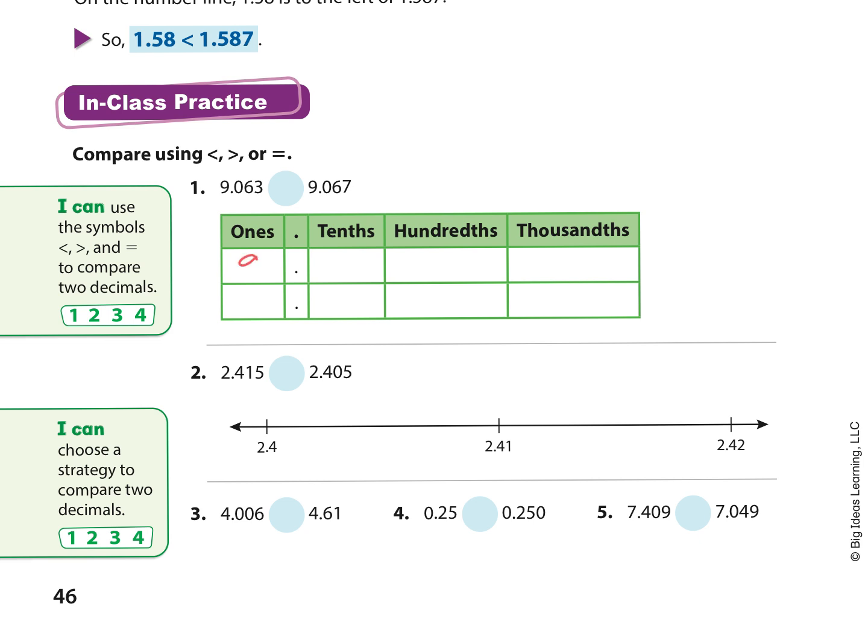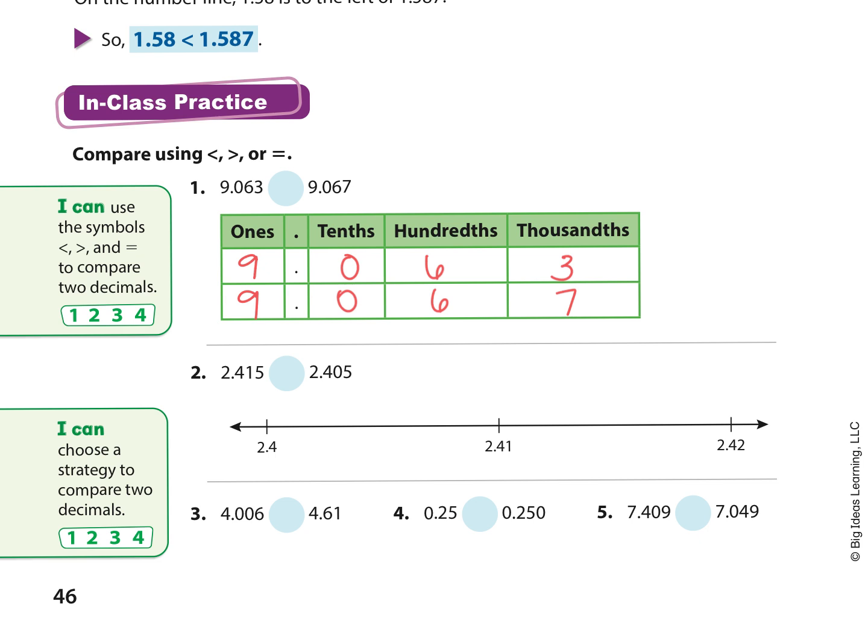So you're going to start by writing 9.063. And then you're going to stack the other one directly underneath it, 9.067. Your decimals are in line so that your ones digits are in line, so that your hundredths digits are in line, and your thousandths digits are in line.